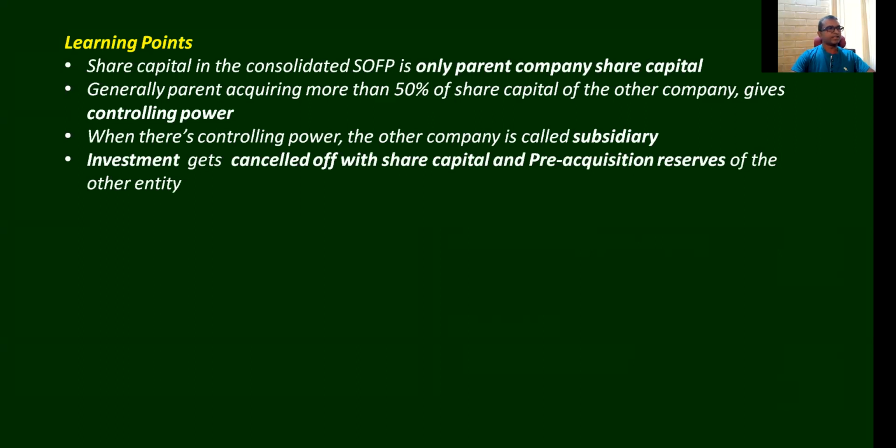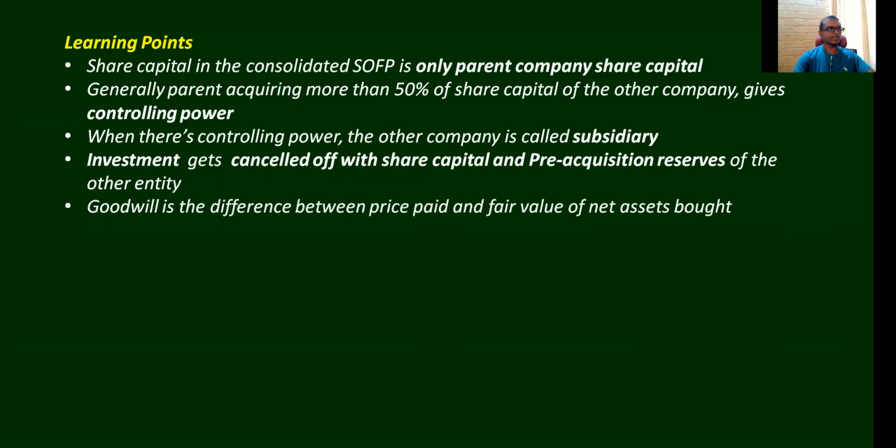Learning points. Investment gets cancelled off with share capital and pre-acquisition reserves. Goodwill is the difference between price paid, and price paid means investment. The parent has paid a price to acquire the other company.